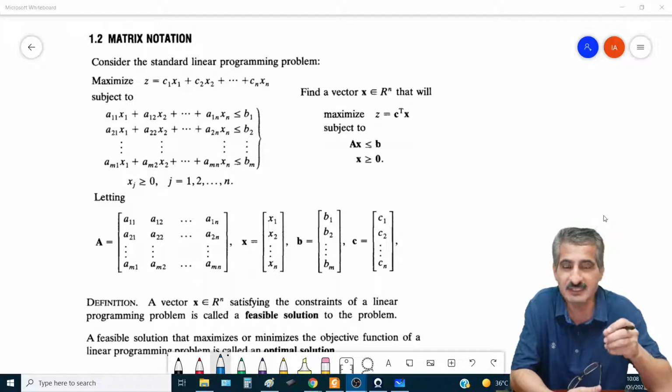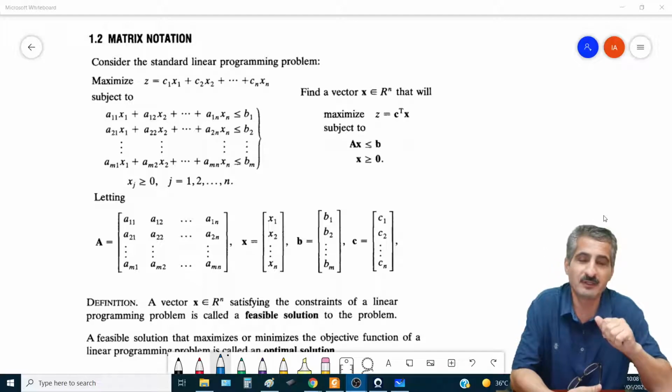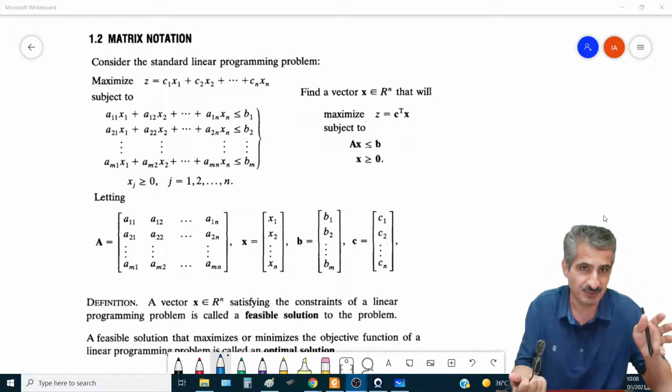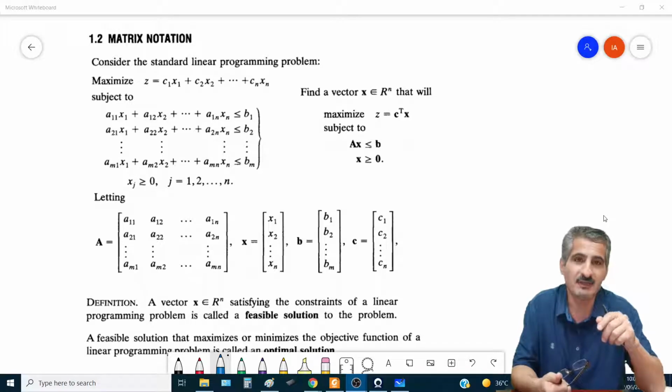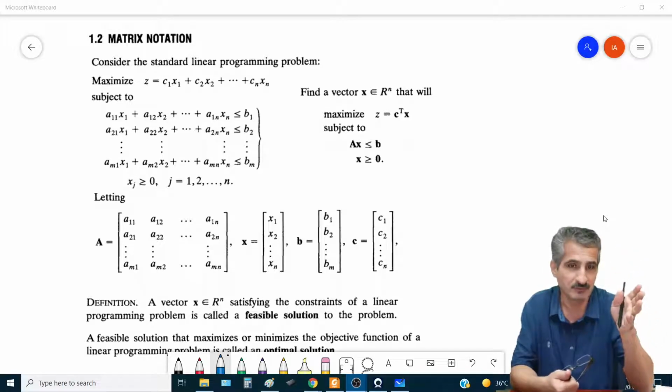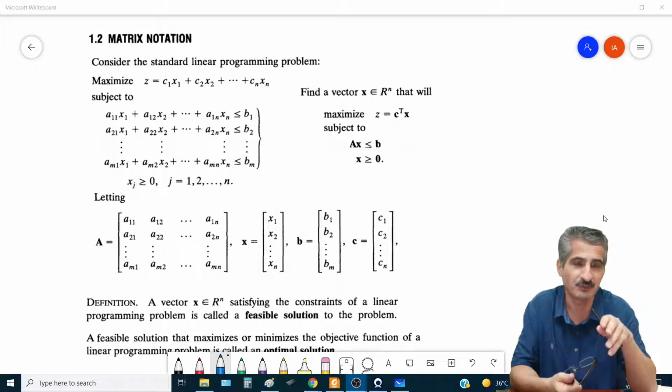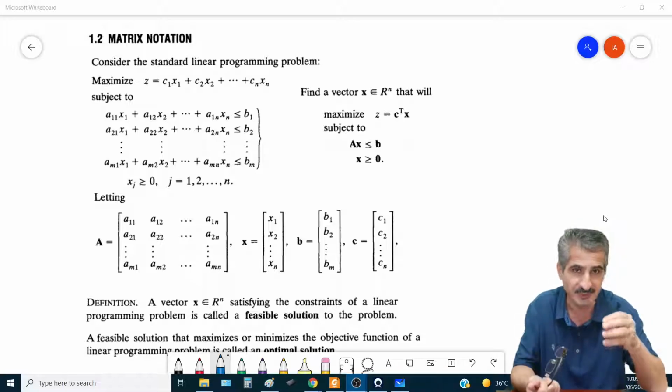So we have seen the linear programming problem in general, where constraints on the variables may have less than or equal, some of them greater than or equal, some of them equal. So these are the inequalities or the equalities.